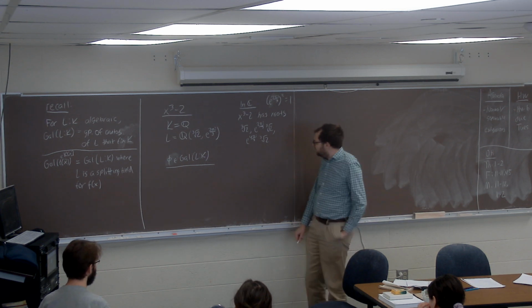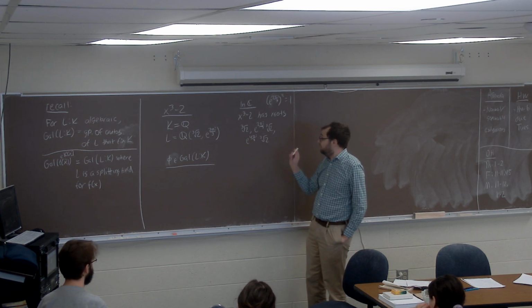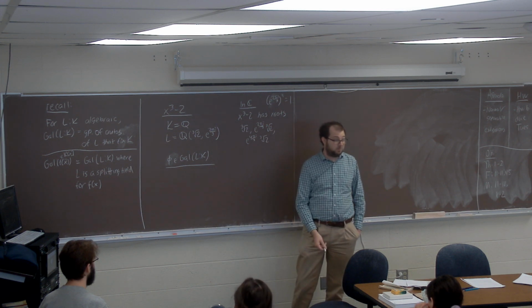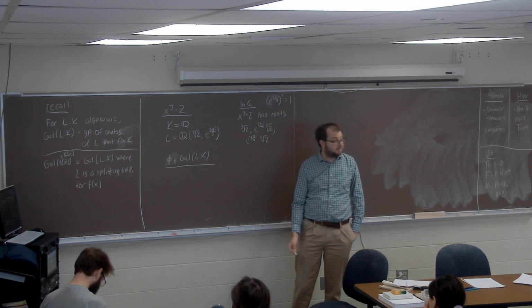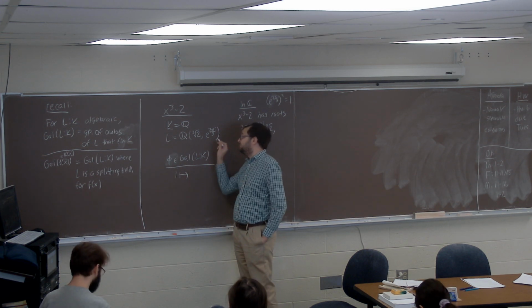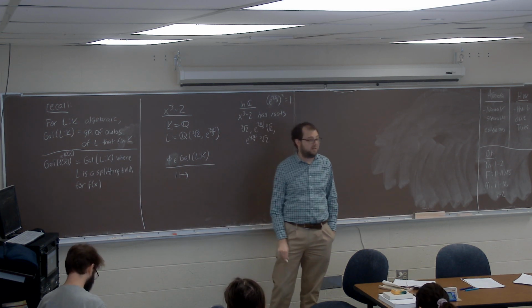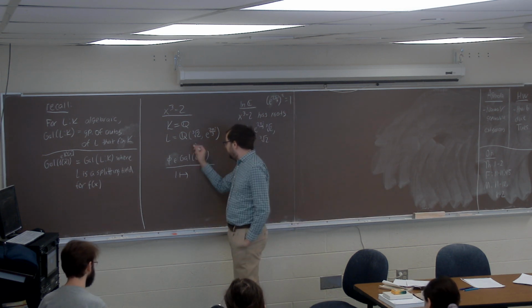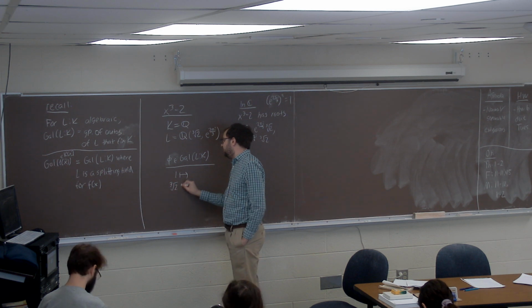So what do we need to do here? Well, it turns out we only really need to check where 3 elements get sent in order to fully determine what the automorphism does. You need to know where 1 gets mapped to, because if you know where 1 gets mapped to, that'll tell you where any element in Q gets mapped to. We need to know where cube root of 2 gets mapped to.